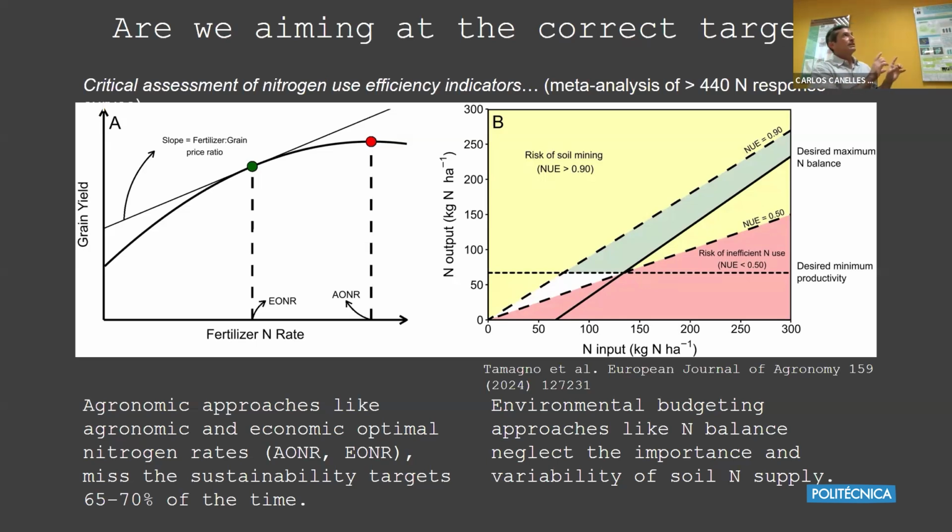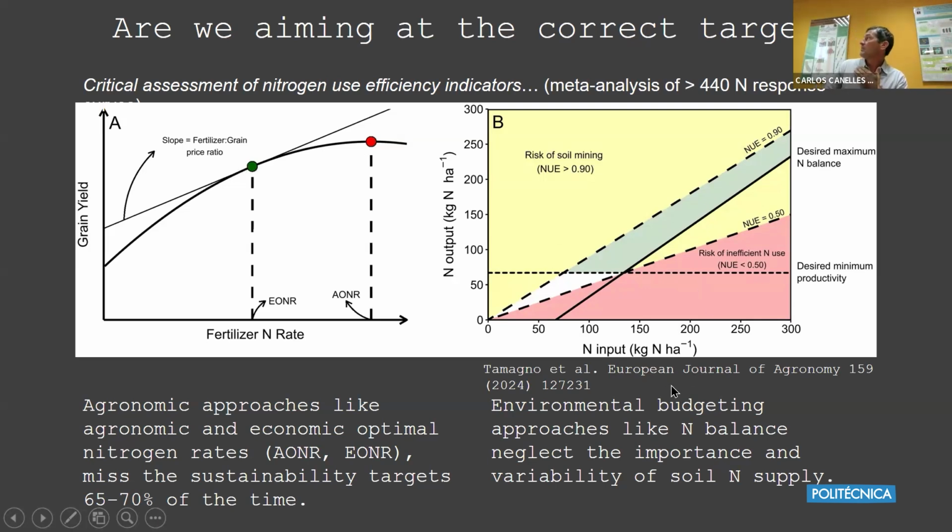And we calculated two metrics, the agronomic optimum and economic nitrogen rate. So you'd be familiar with this in a typical study where you have different rates of nitrogen fertilizer and you measure grain yield. You can locate where it stops making sense to apply more nitrogen, and then that becomes your optimization point if you're talking about from a plant physiology perspective or from an economic perspective based on the price of the fertilizer.